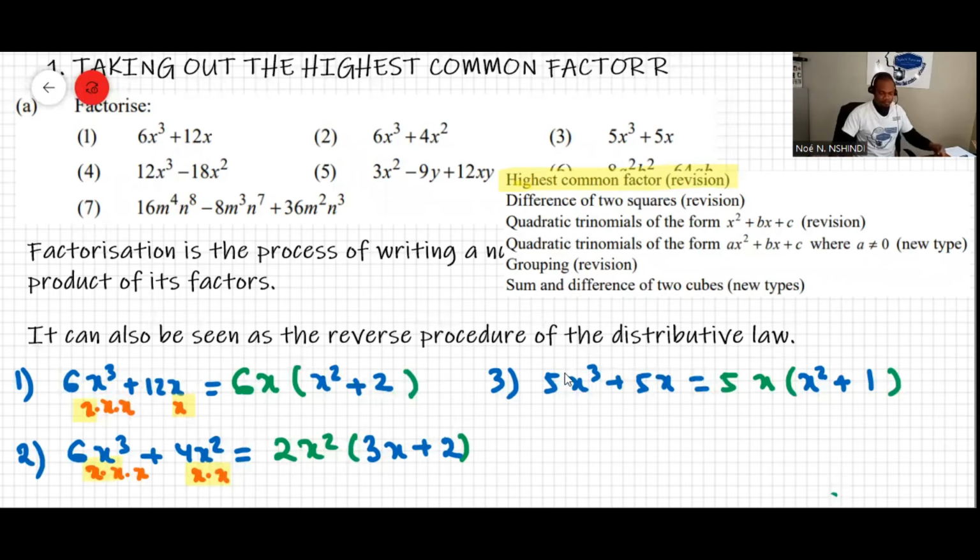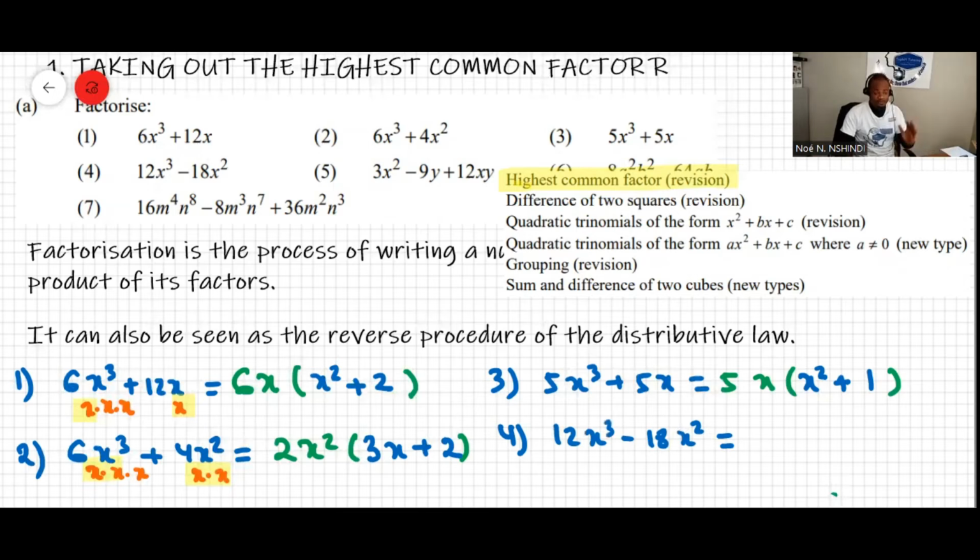Okay, so question 4 will be 12x cubed minus 18x squared. This will be what? Again, we're going to select the highest common factor for 12 and 18.